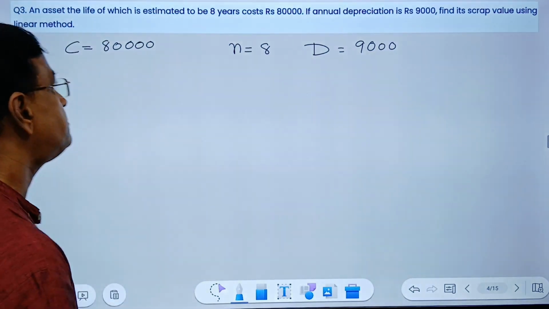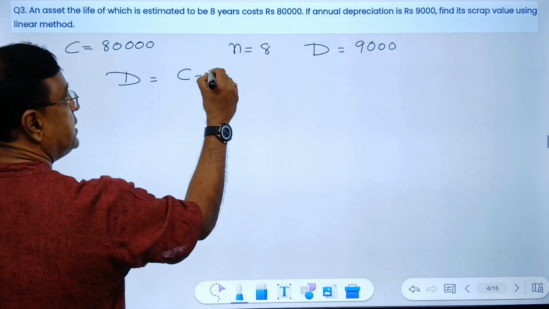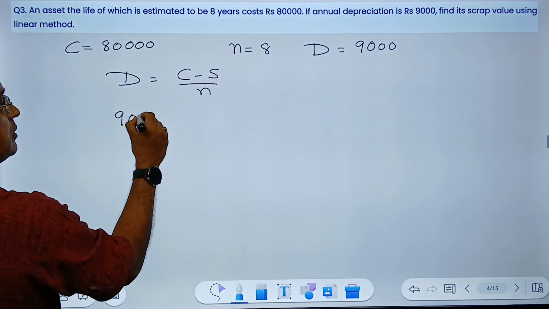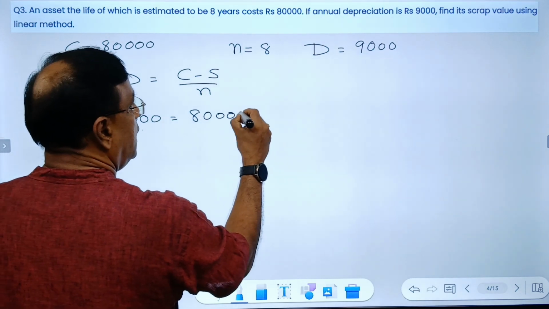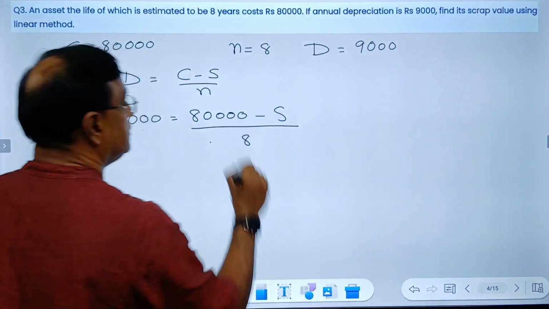Okay, let's see. So the depreciation is (C minus S) by N. So your depreciation is 9,000 and your cost is 80,000 and S is what I want to find, N is 8.